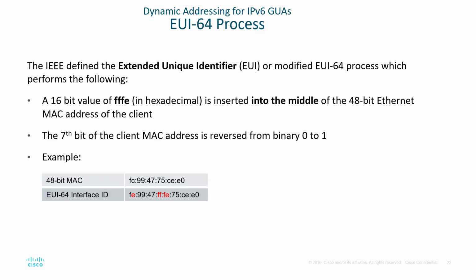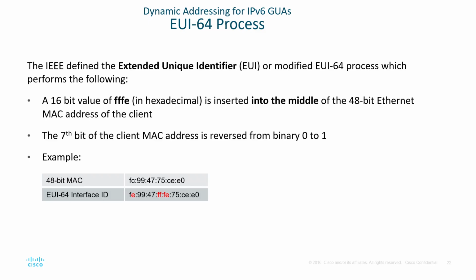So those are your two delineating things to pay attention to when you are asked in a visual what type or what method was used to create the interface ID number of a particular device.